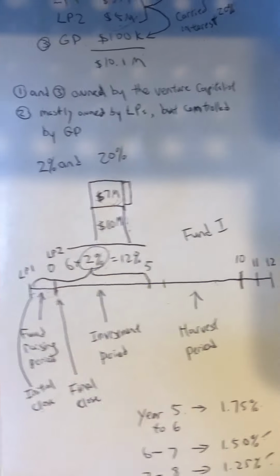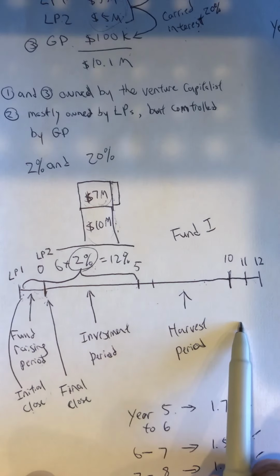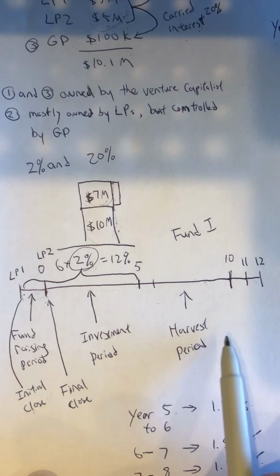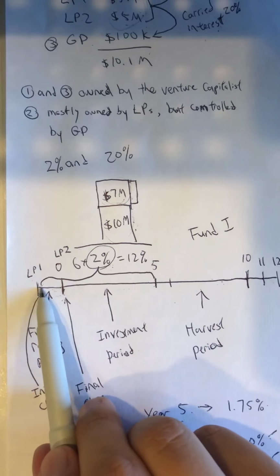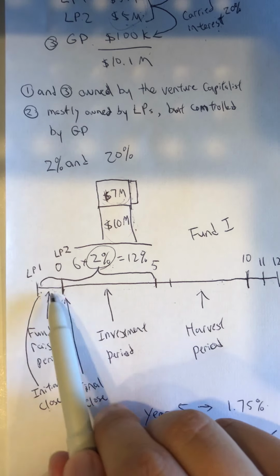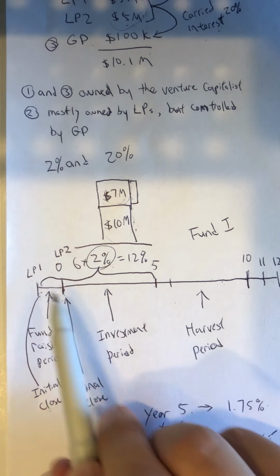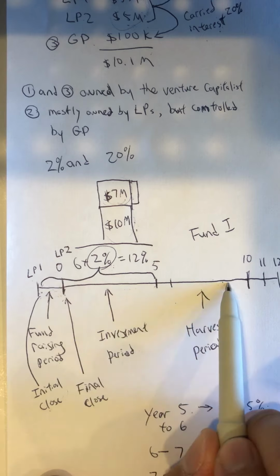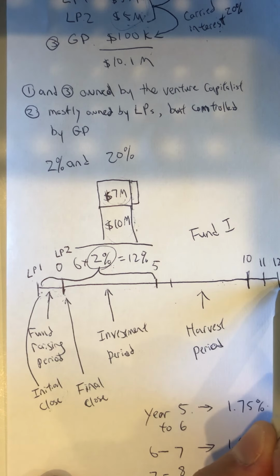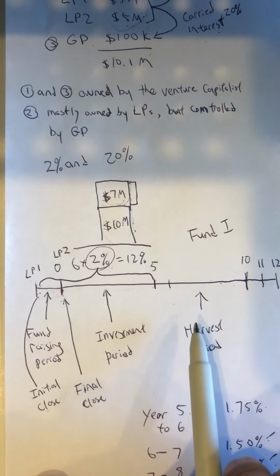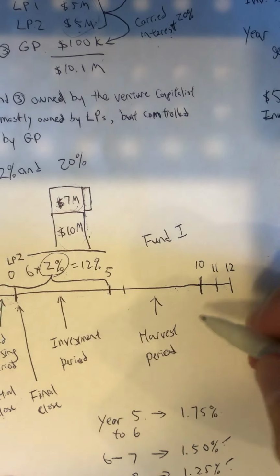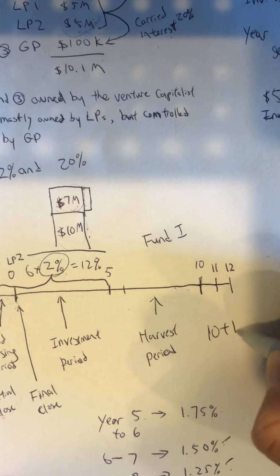So although we said earlier that these are 10-year life funds, as you can see, it's not necessarily a 10-year life. In the fundraising period, we can have 2 years. The real life of the fund is 10, and then you have 2 more extensions. So normally for one of these funds, they call it 10 plus 1 plus 1.